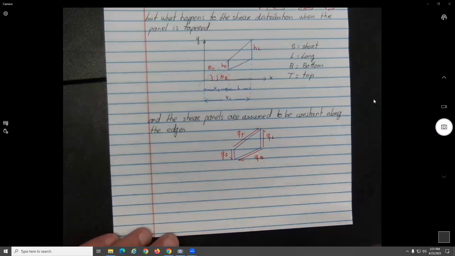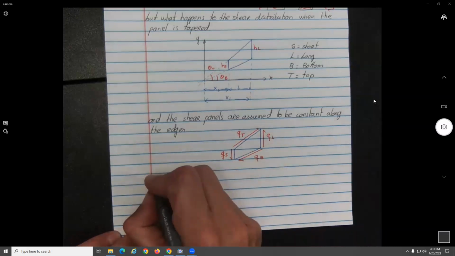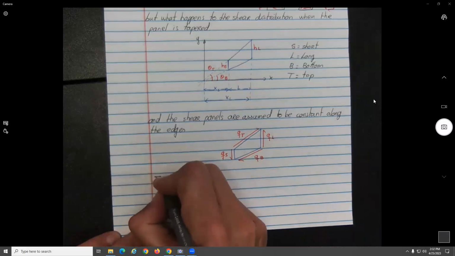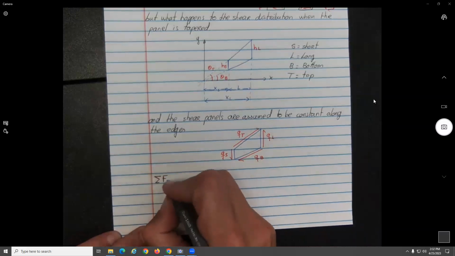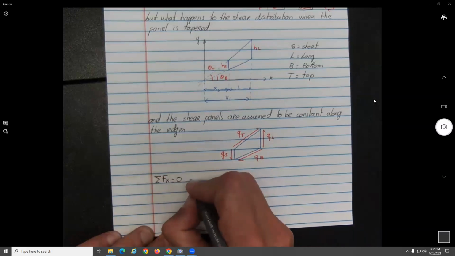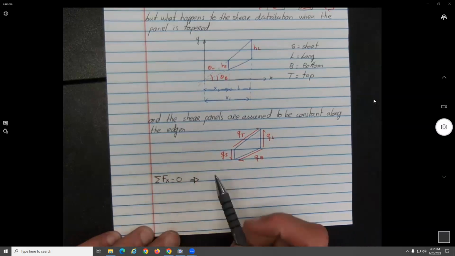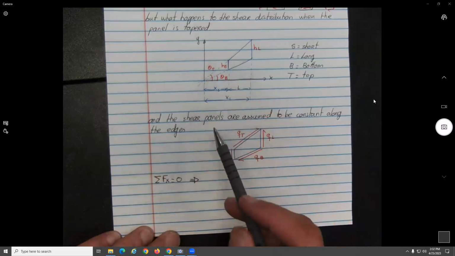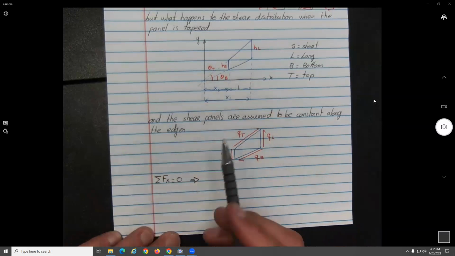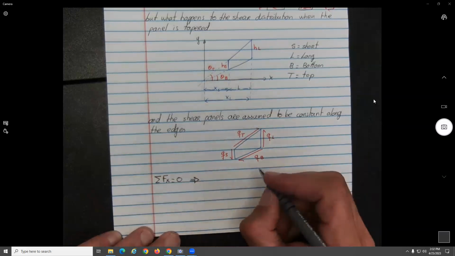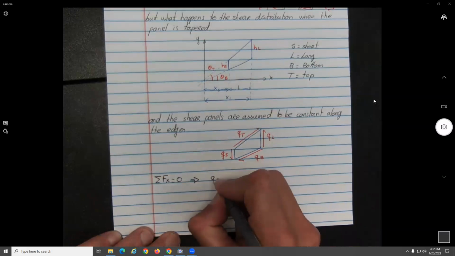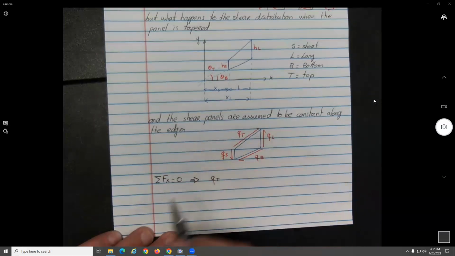Okay, so now we're just going to do what we always do, which is to use the equations of equilibrium. So if we do summation of forces, let's first do on the x direction equal to 0. And basically we combine these 2 figures over here. We're going to say, let's say Q top. So what will be the x component of the Q top?